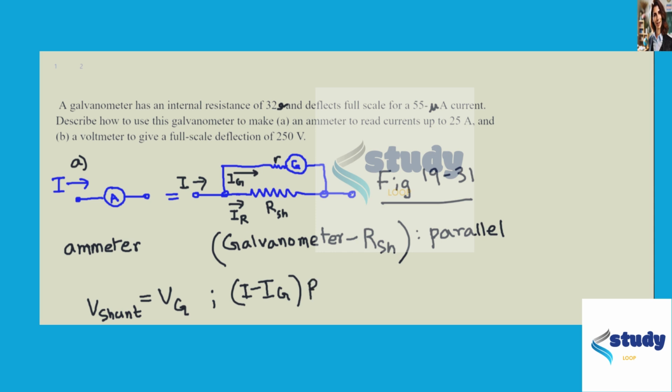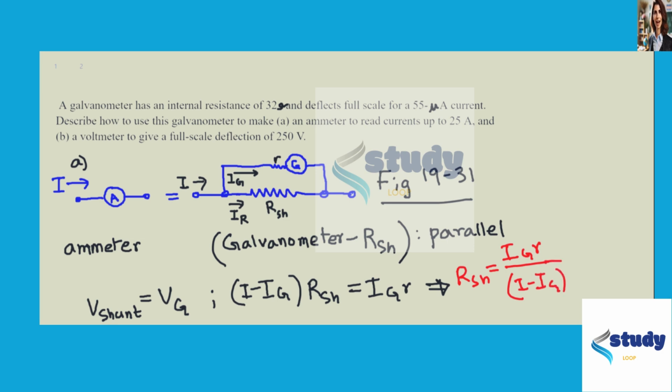That times R shunt, or in our case RSH, is equal to Ig times little r. And from there, if we try to solve for RSH, we get Ig times little r divided by I minus Ig.